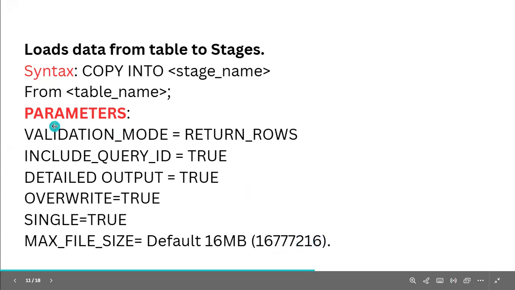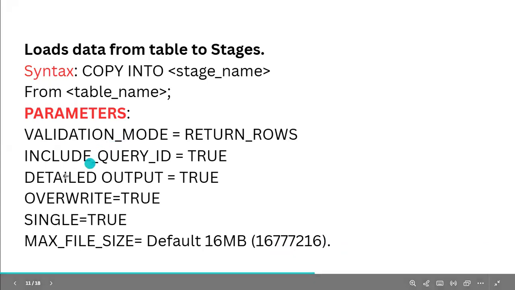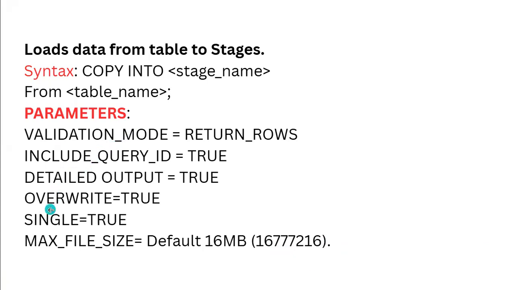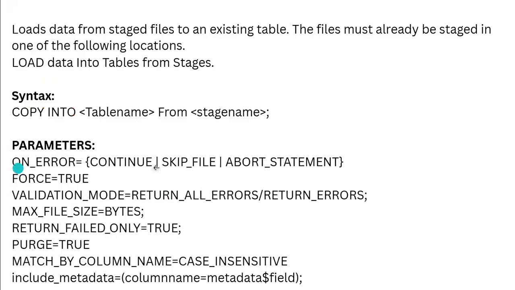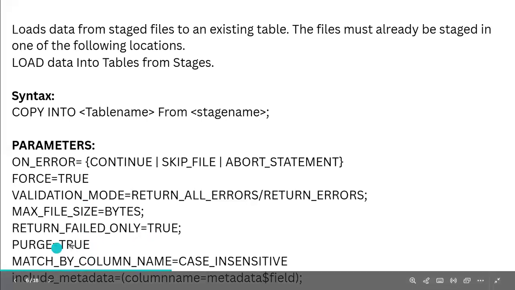We have discussed validation mode. Let me go back here. ON_ERROR we have discussed, validation mode we have discussed, maximum file size. Next, return failed only, and I told you, if I put PURGE equal to true, once data is loaded, that file will get deleted.